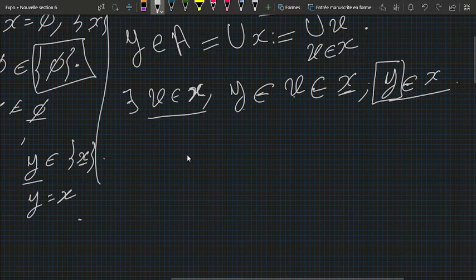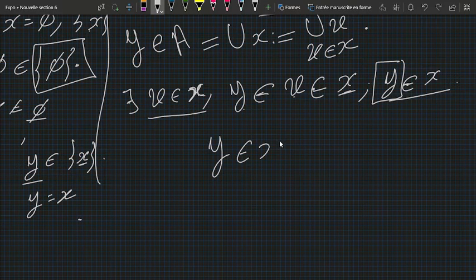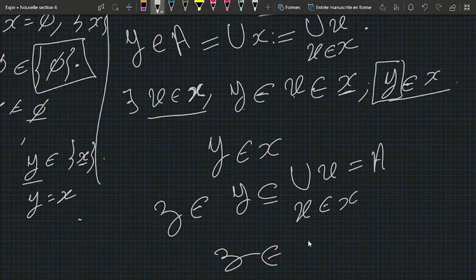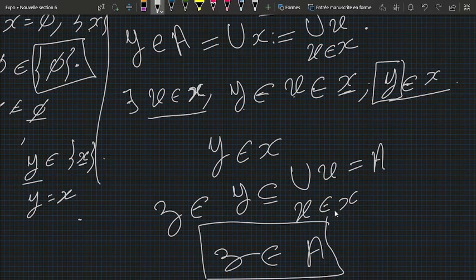We have Y is an element of X. So Y is a subset of the union over V for V belonging to X. We have this, and we have Z is an element of Y. So Y is a subset of this set, and this set is A. Then Z belongs to A, and A is transitive.